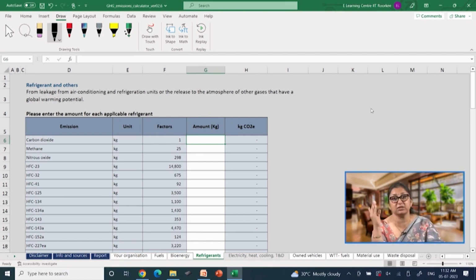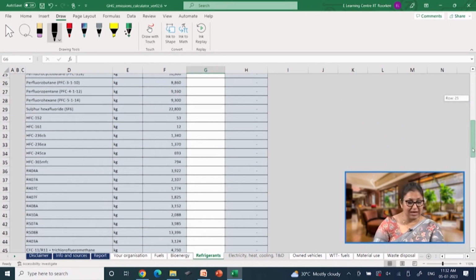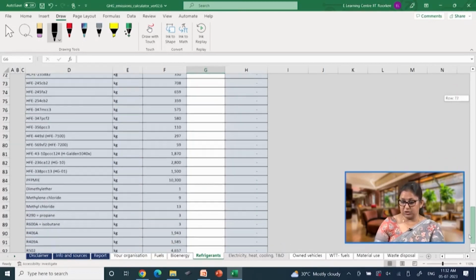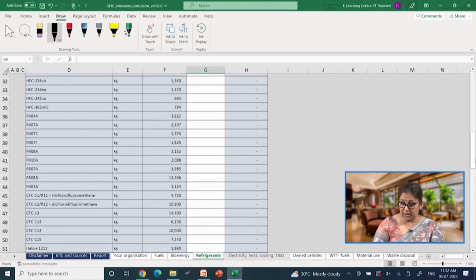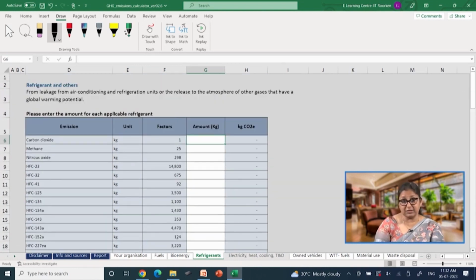If I get a refilling of the gas for the air conditioner done, that is going to be mentioned here. We have to specifically know which gas is being used, which refrigerant is being used, and then we mention and look at the factors here.